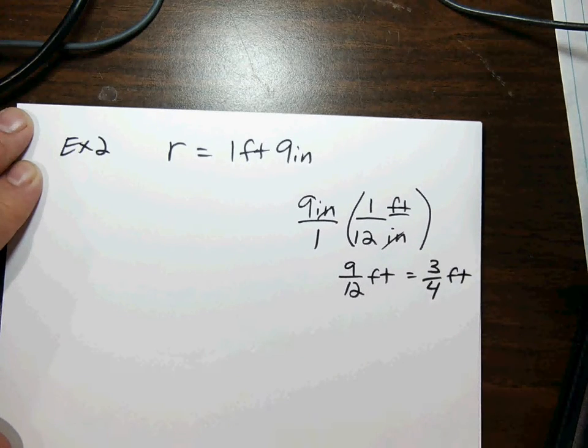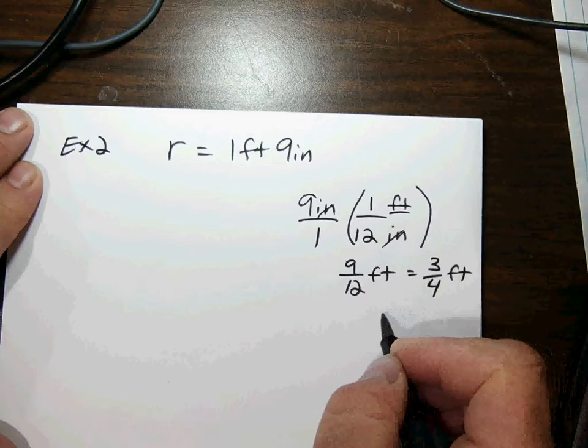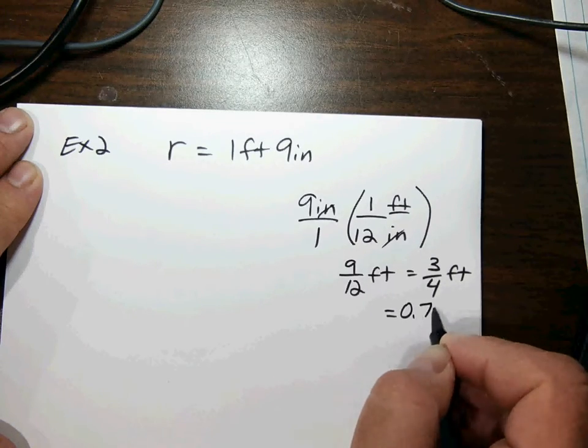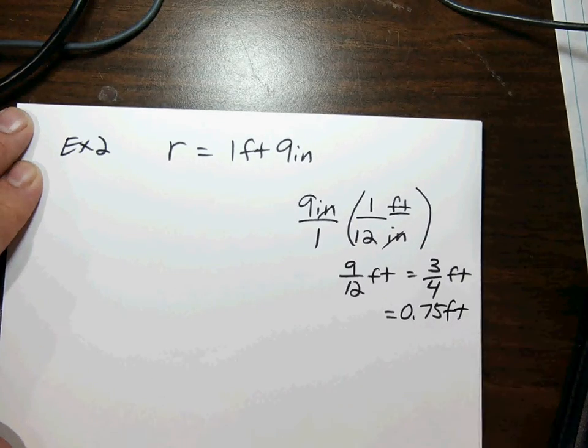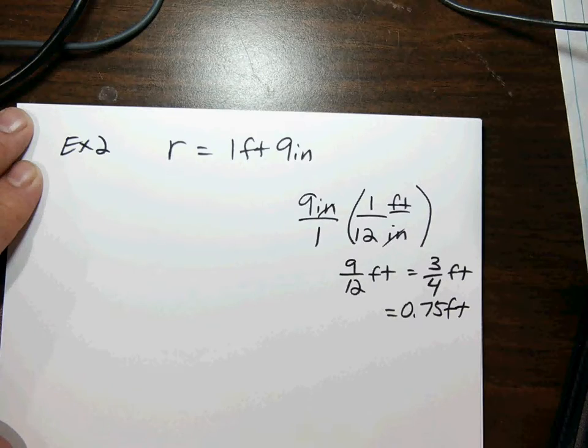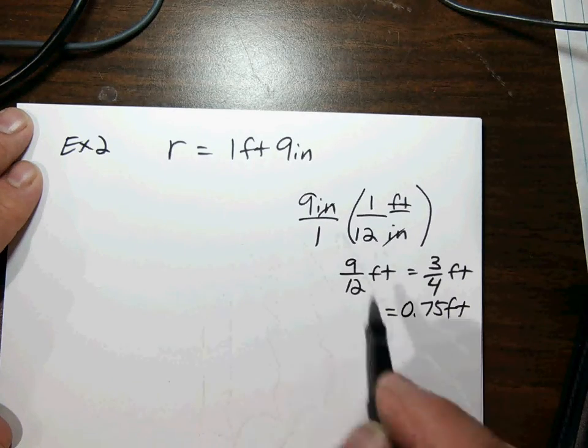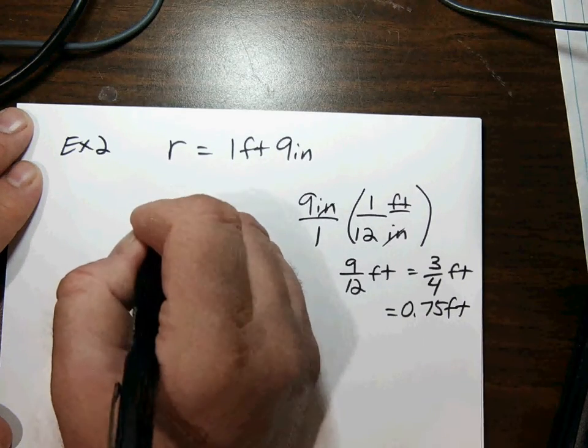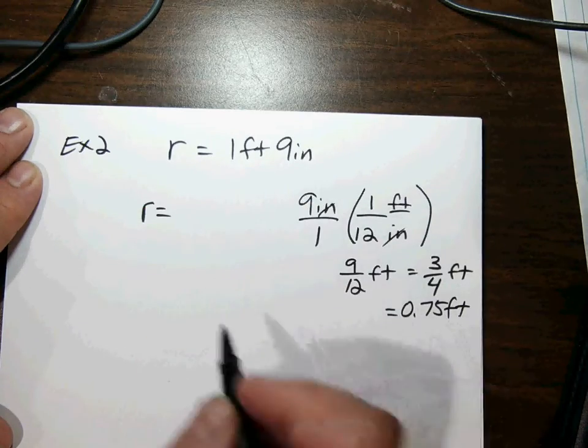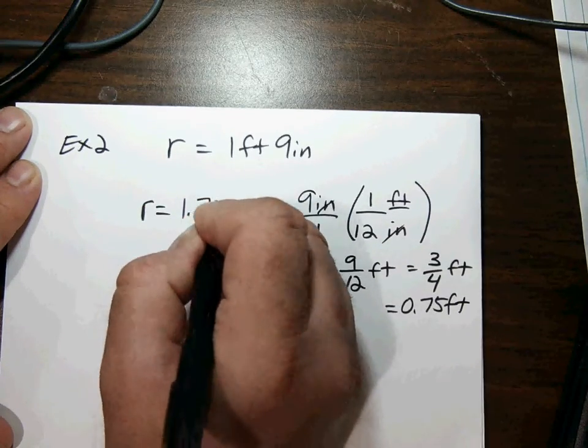3/4 feet. And in this case, I'm kind of looking at the book as my guide. Remember, we had a problem in the last example where we left it as a fraction. Now the book turns this one into a decimal, so okay, fine. 0.75 feet. Okay, so that was just the fractional part. So my actual radius is 1 foot plus the 0.75, so 1.75 feet.